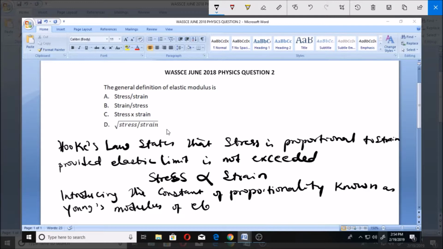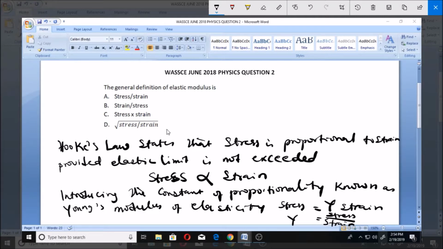That's the name of the constant that we are going to be using in this case. So if you introduce it, you can now say that stress is equal to the constant, which is Young's modulus of elasticity, times strain. That's what you have. So making Y the subject, you can now have that Y, Young's modulus, is equal to, cross multiply, stress over strain, and that is the elastic modulus.